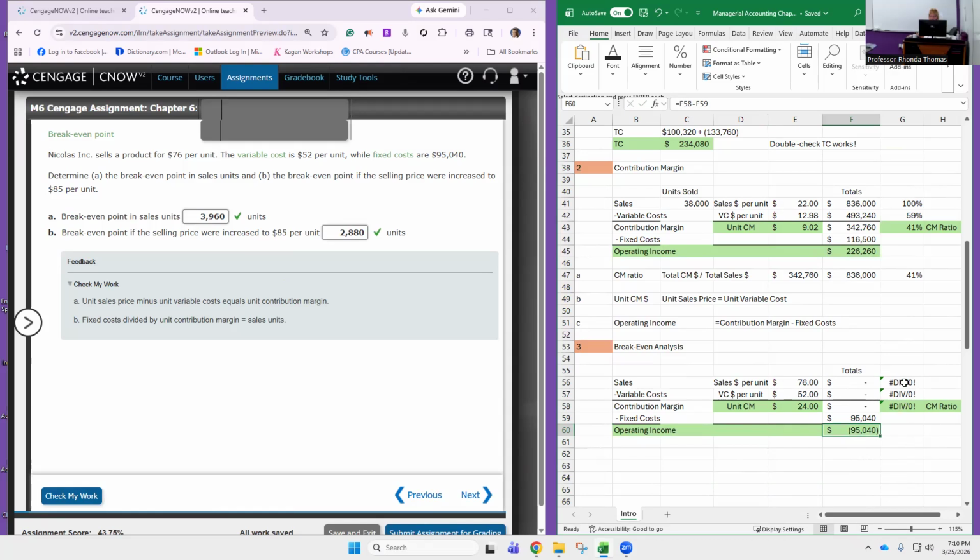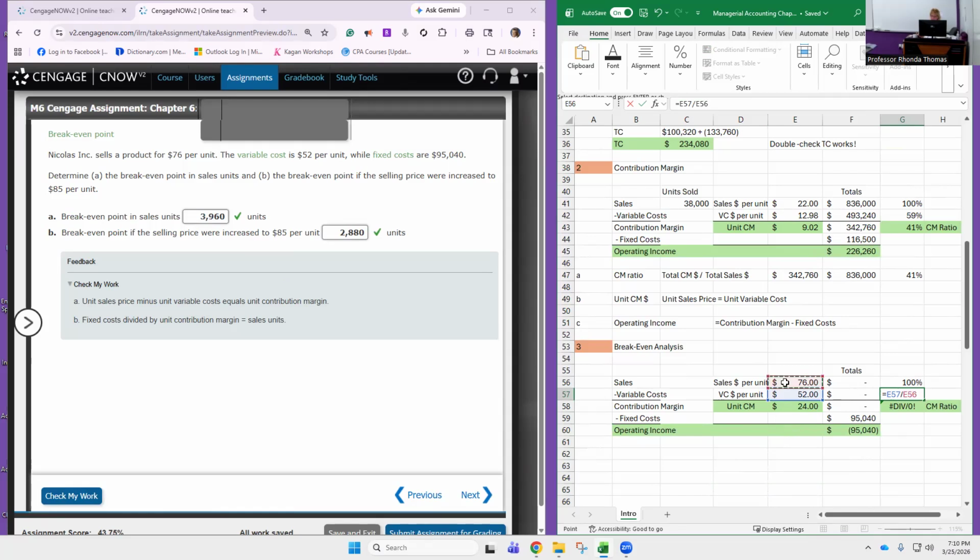We can go ahead and do our percentage of, okay, so even if you don't have the number of units yet, you can take, this is sales divided by sales. Yeah, there's your 100%. And now we want to take variable cost and divide it by 76.